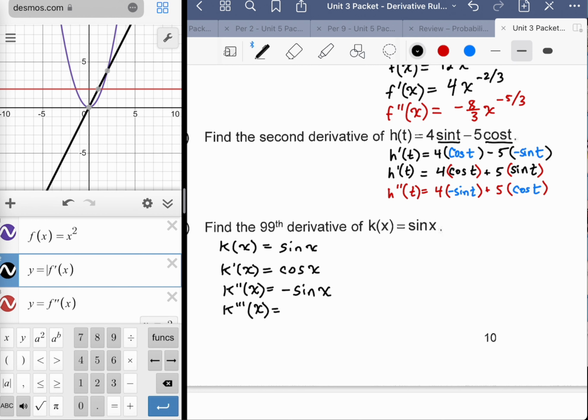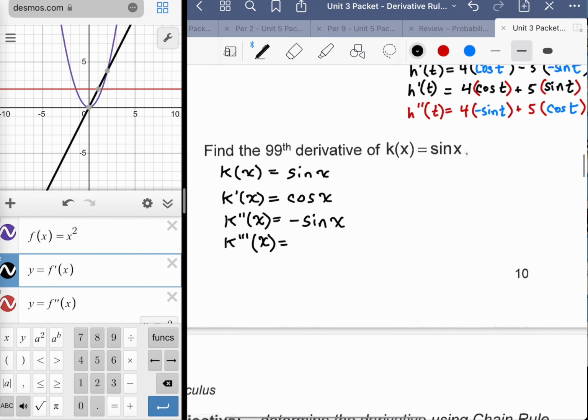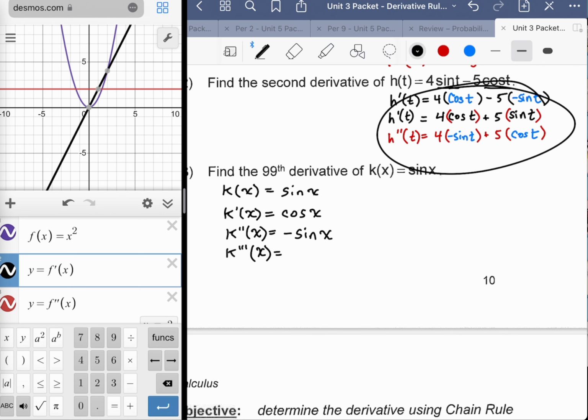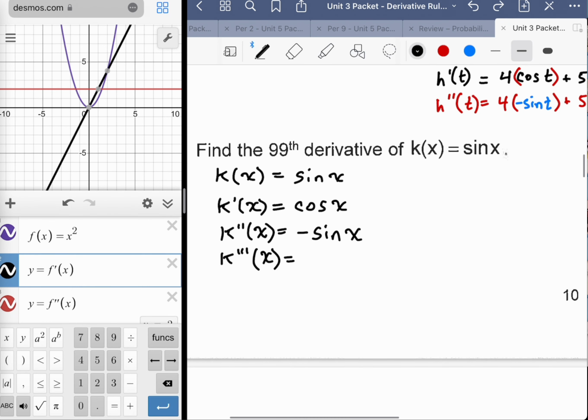Here we have a negative sign, but we look at it the same way we looked at these problems before. We have a constant multiplier that comes along for the ride. In this case, I could just write it as a negative sign, and then put in the parentheses the derivative of sine, which is again cosine.